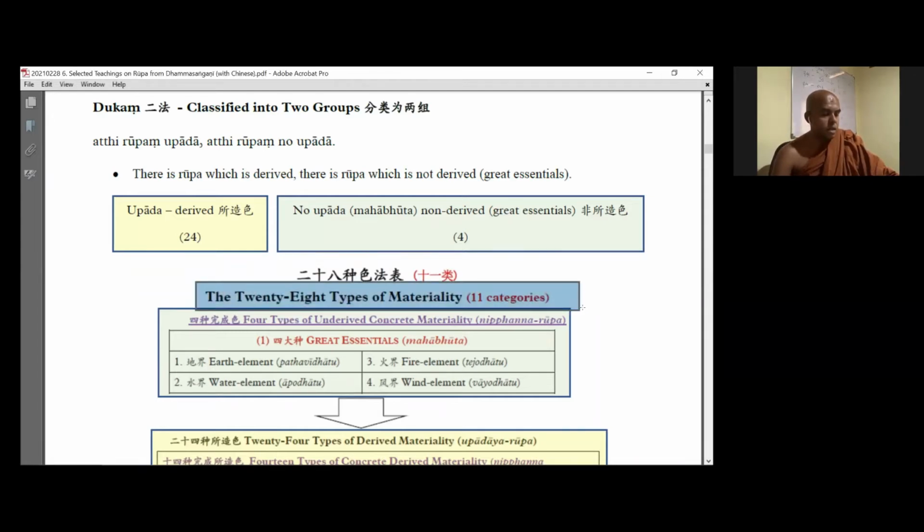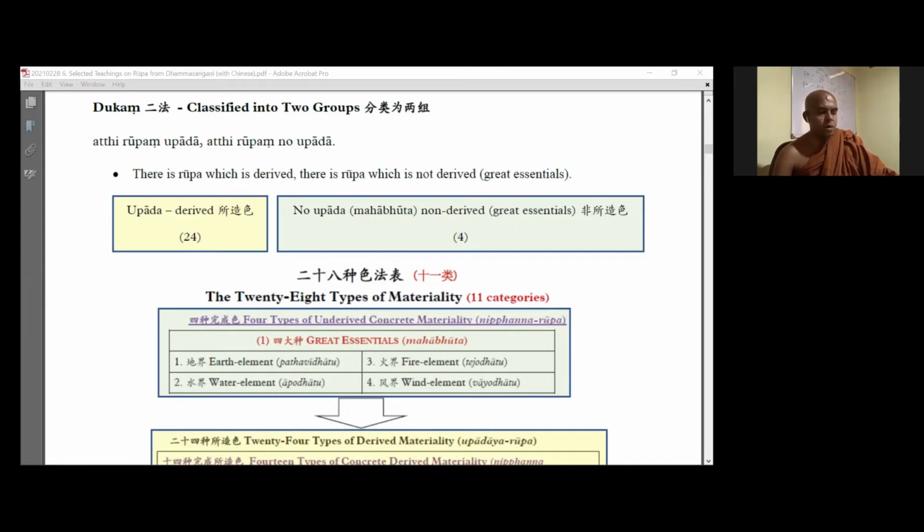After that, we classified Rupa according to the Dhammasangani Rupa chapter, but we already selected some parts only, not all. But anyway, today also we have to start from the Dhammasangani book, classified into two groups about the Rupa.